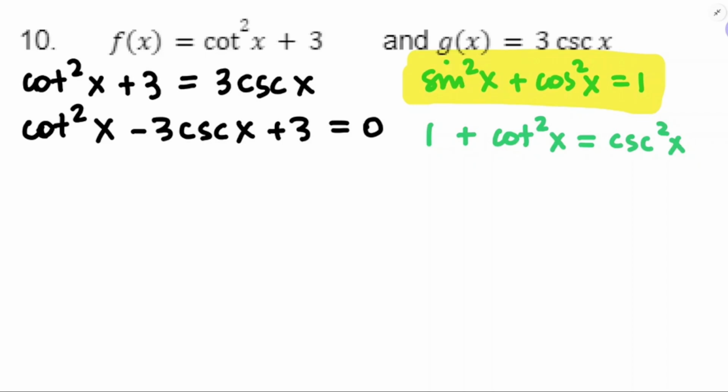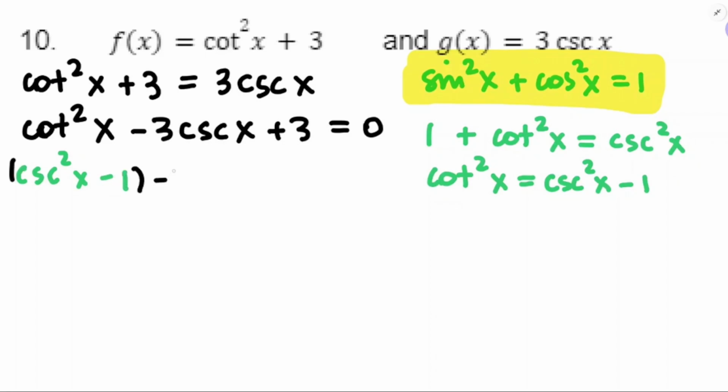All right, I need to get rid of that cotangent squared, so I'm going to solve for it over in green. Cosecant squared x, subtract 1. All right, so cosecant squared x minus 1 minus 3 cosecant x plus 3, that's going to equal 0.